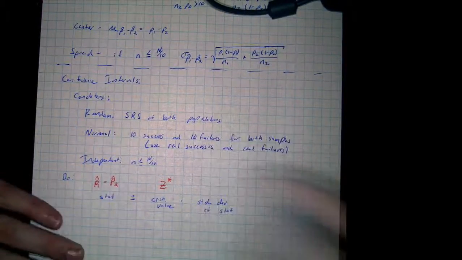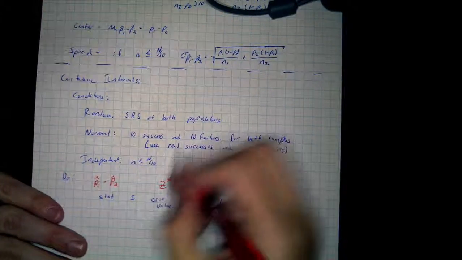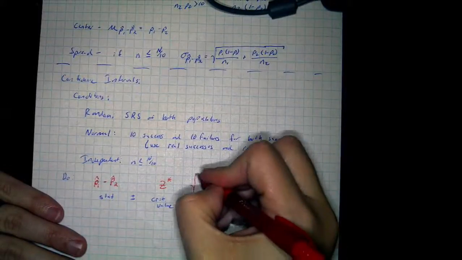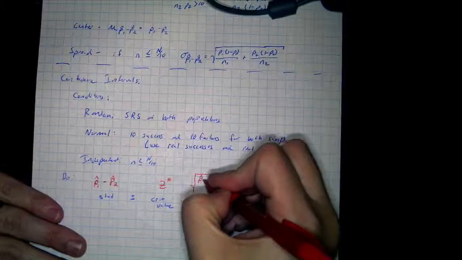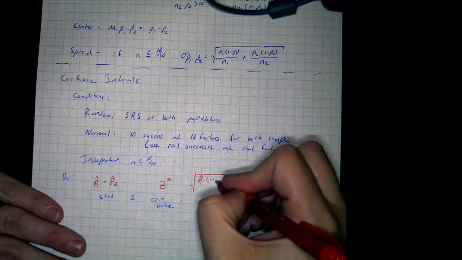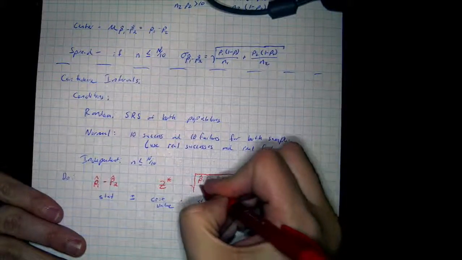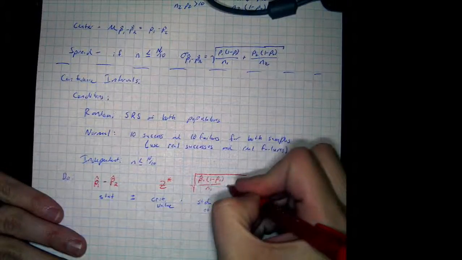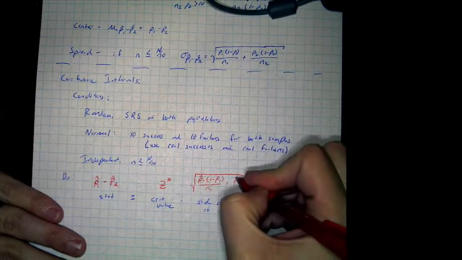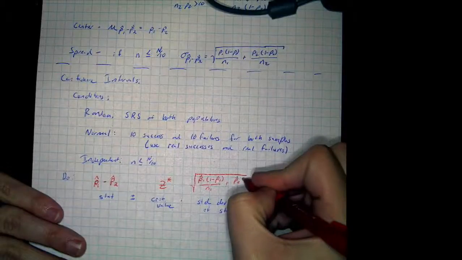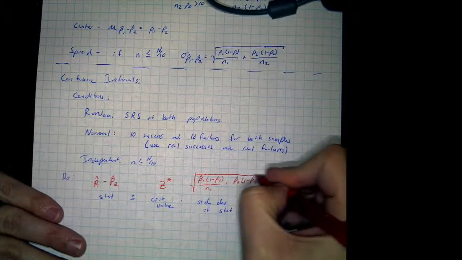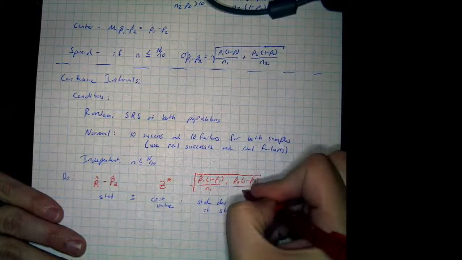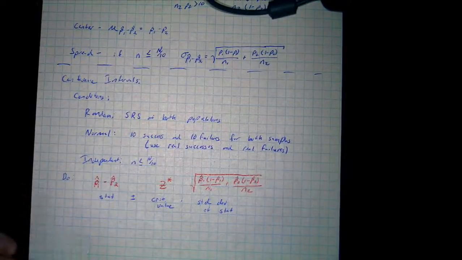So I'm just going to write that same formula that's on my formula chart, but substitute P-hat 1 and P-hat 2: P-hat 1 times 1 minus P-hat 1 over N1 plus the same for sample 2. Your calculator is going to do all of this when you just type it in, so we're not really worried about filling in the numbers. Just letting you know how this stuff's going to play out.